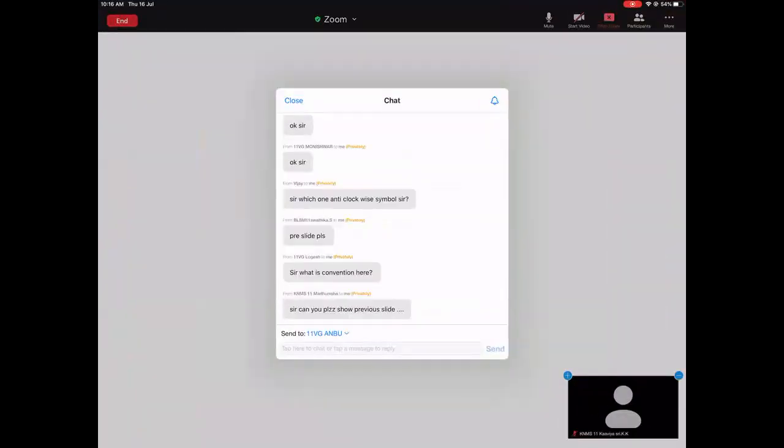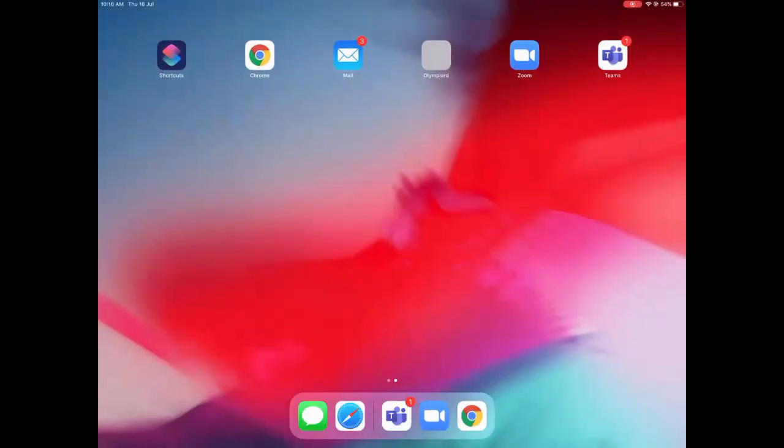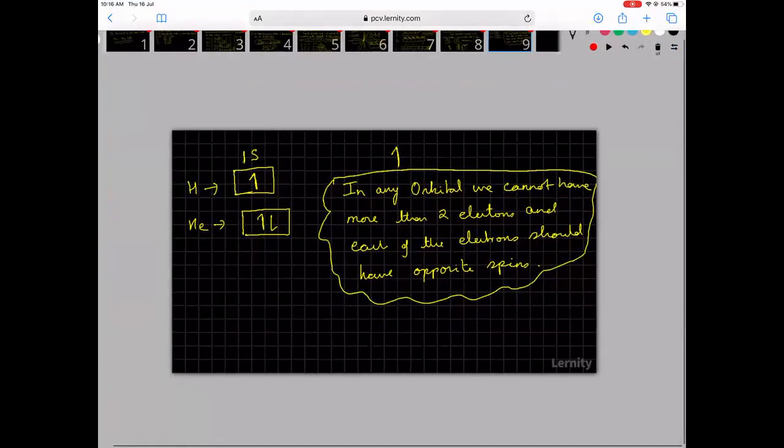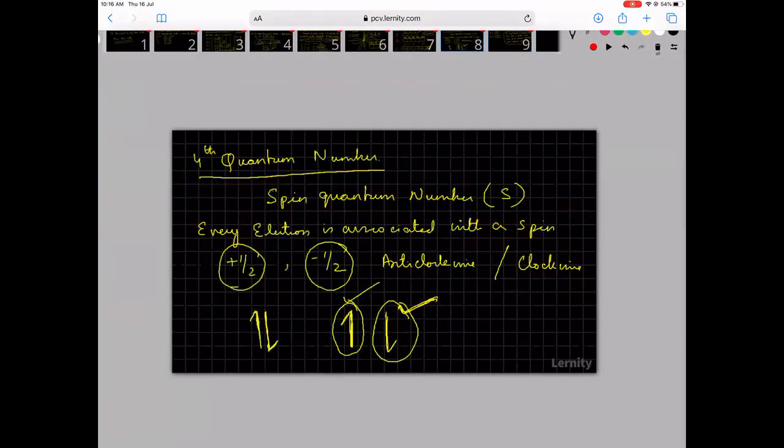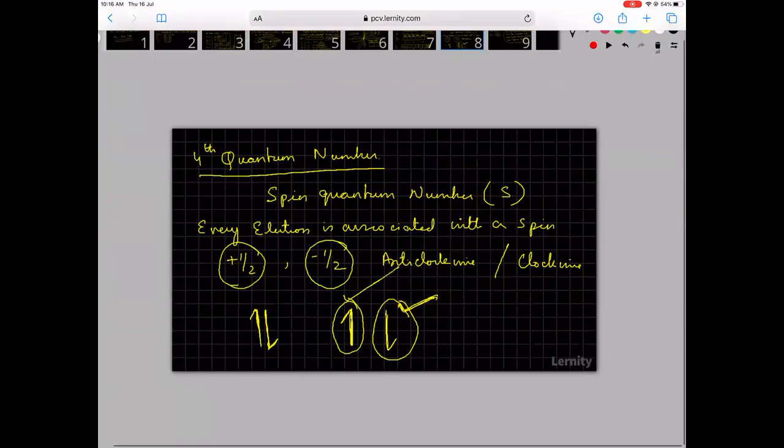Convention here is half arrow upwards, positive. First one is positive. Here, this is anti-clockwise. Here, anti-clockwise.